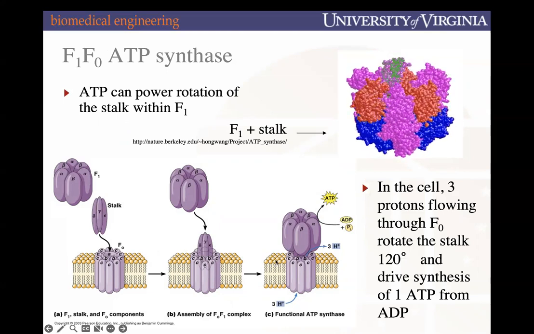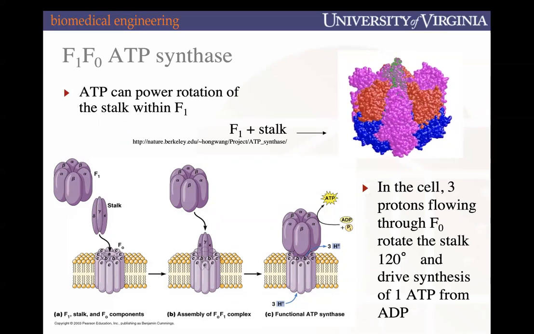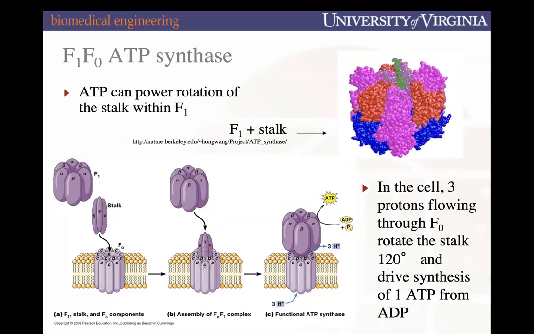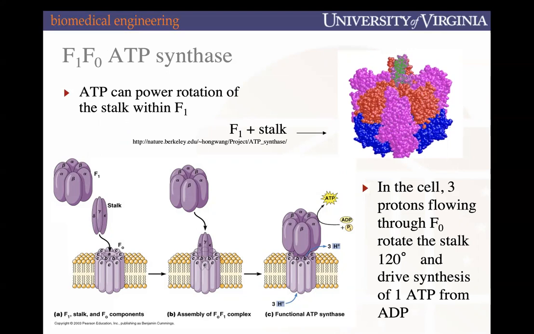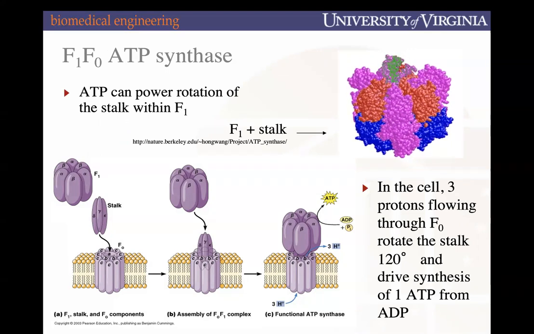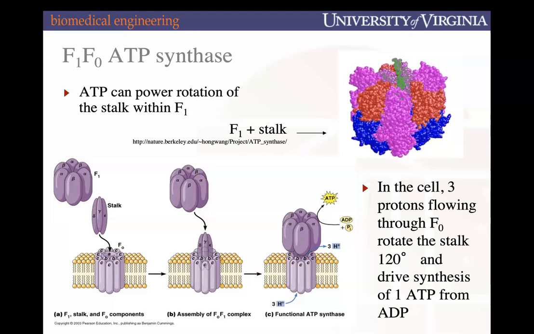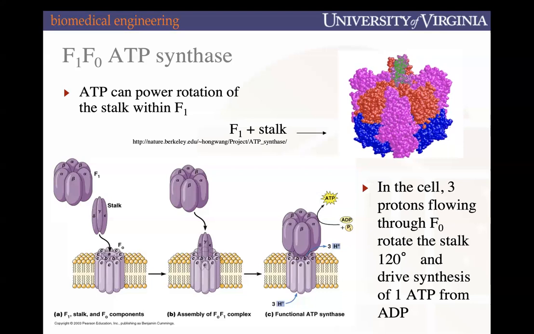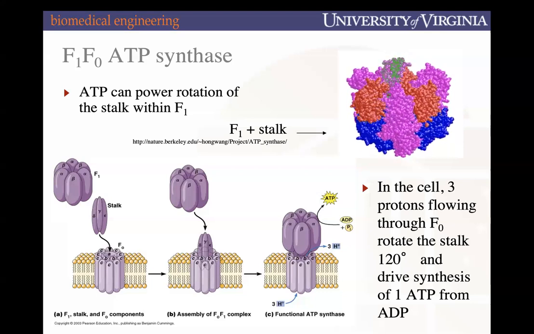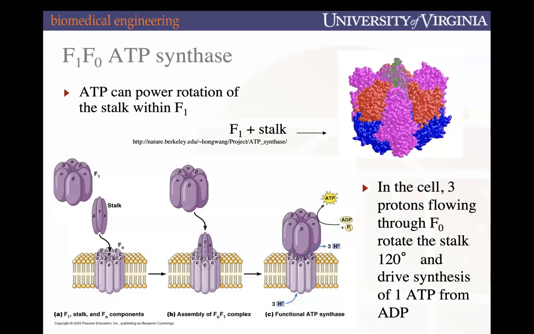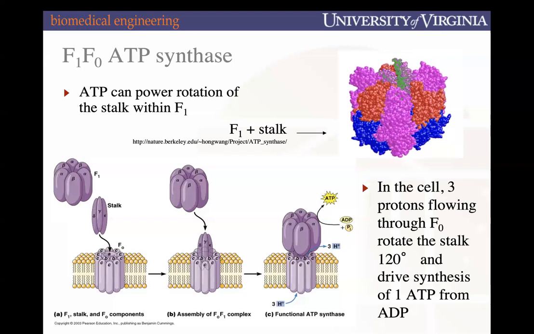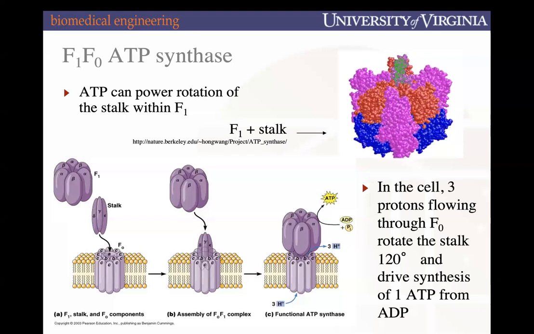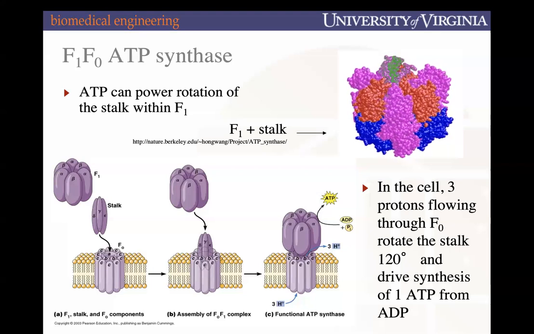And so what ends up happening is that for every 3 hydrogen ions that are able to interact with the synthase, that'll actually prompt the whole synthase molecule to turn about 120 degrees. And that 120 degree change is actually able to drive the synthesis of 1 ATP from an ADP molecule. And so again, we have our ratio of 3 hydrogen ions to 1 ATP via this ATP synthase here.